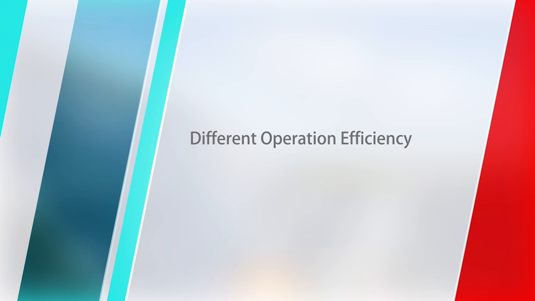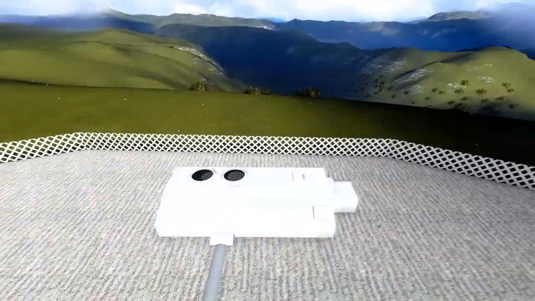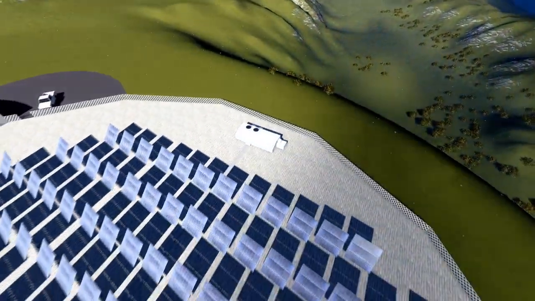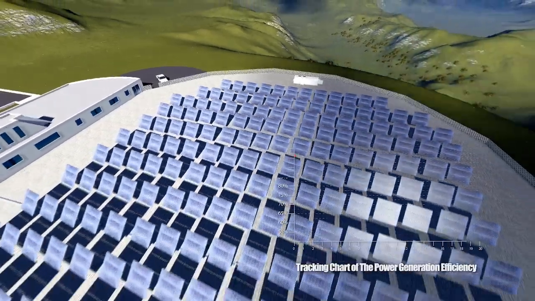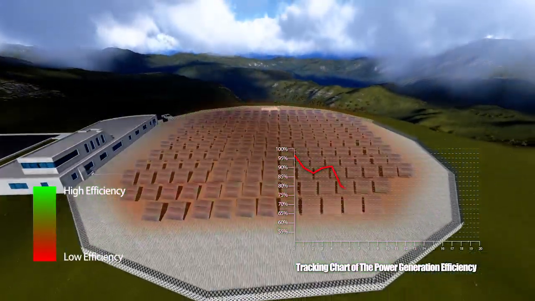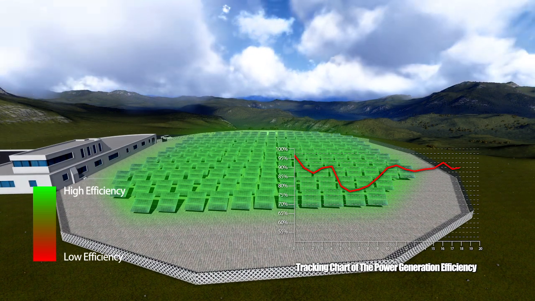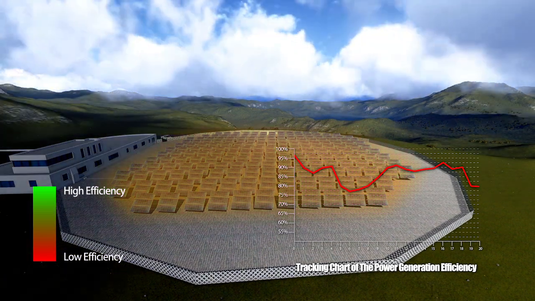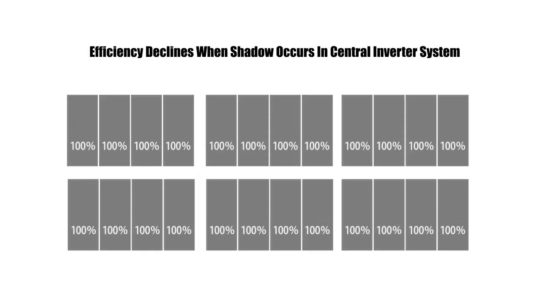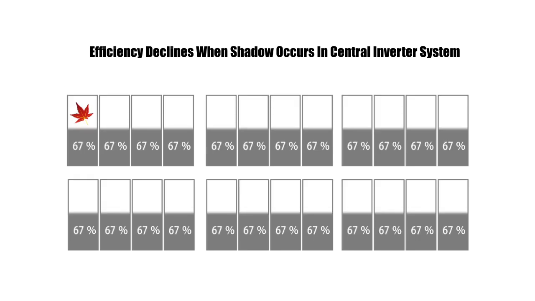Different operation efficiency. The max efficiency of a 500 kilowatt central inverter can reach 98.8%, but when shadow occurs on even one panel of one string, the voltage and current of all strings which connect to the same MPPT will decrease rapidly and lose approximately 25% of the total power output.